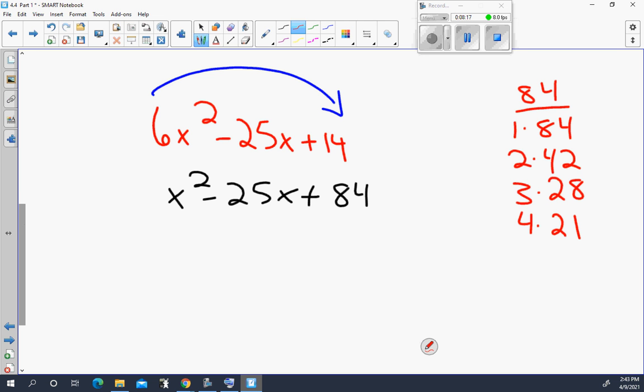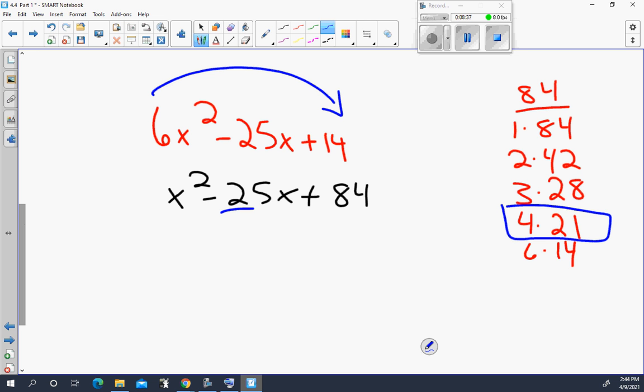Not 5. 6 times 14. Okay, and let's see, before we even go any further, do we have something that adds up to that middle term? 25. 4 and 21 does. Absolutely.